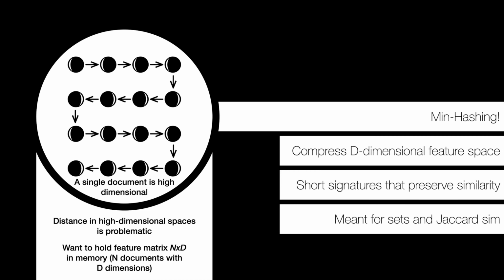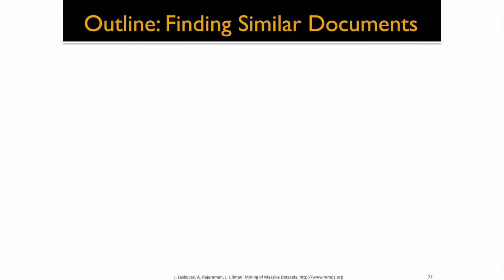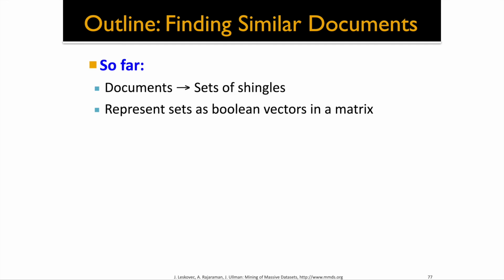So let's first talk about MinHashing. What I want to do is give you some outline for how we use MinHashing to find similar documents in this short space. So we have a set of documents which we've shingled up, and we've already talked about shingling. What we want to do is represent these documents using a matrix, where all the columns in our matrix are Boolean vectors telling us which shingles exist in this particular document.